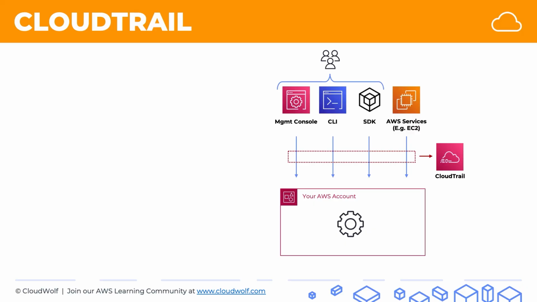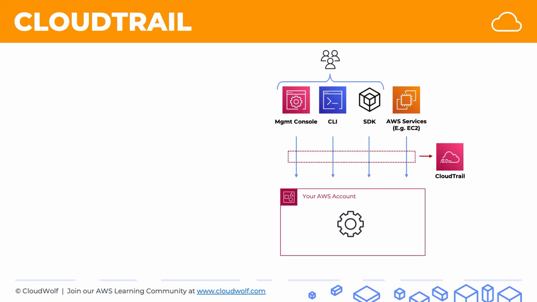So that's very important. And another way this can be described, and especially look out for this on the exam, is CloudTrail enables logging of all API calls. So all of these four pathways that we described, they're actually working through API calls in the background, and that is what CloudTrail is going to be logging and monitoring.